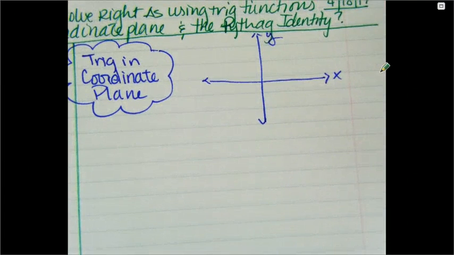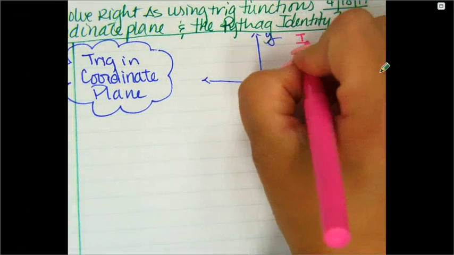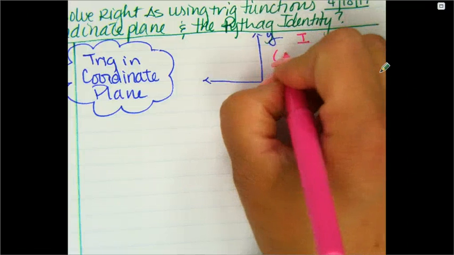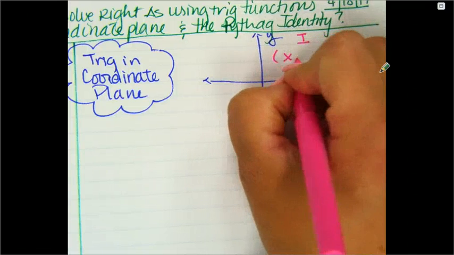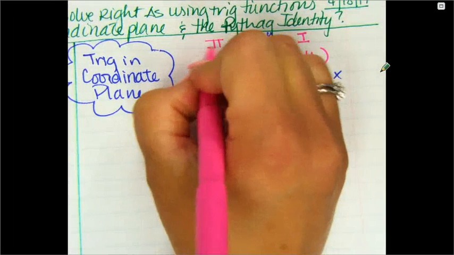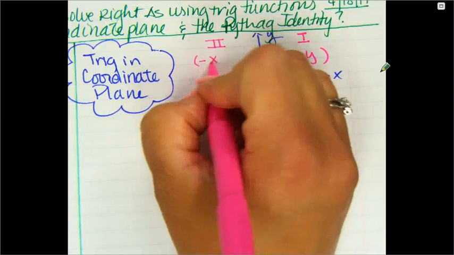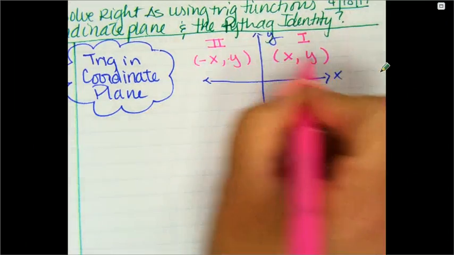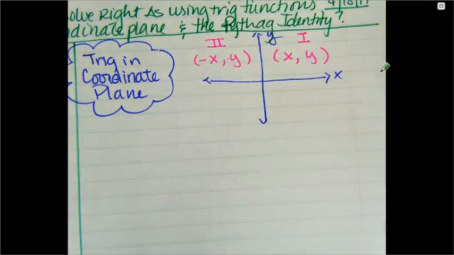Top right. In the first quadrant, your x's are positive and your y's are positive. Second quadrant is located top left. X's are negative, and your y's are positive. This is the most important part you need to remember for later on.